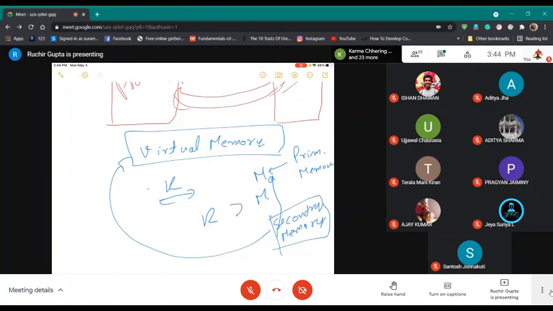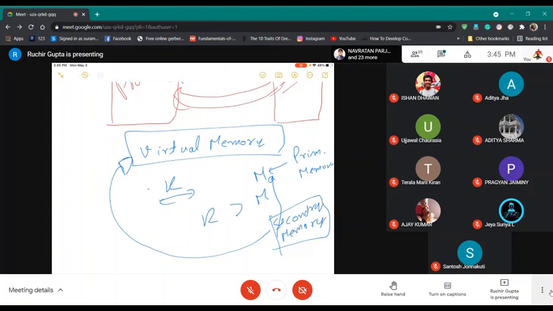How we do that is pretty much the same as cache, but this increases the effective size of primary memory. Make sense? We'll discuss these two things in detail later in the class, but for now, is it okay? Yeah, sir.